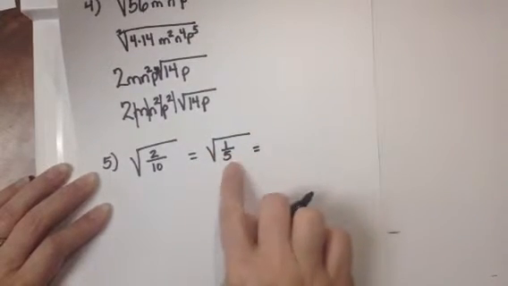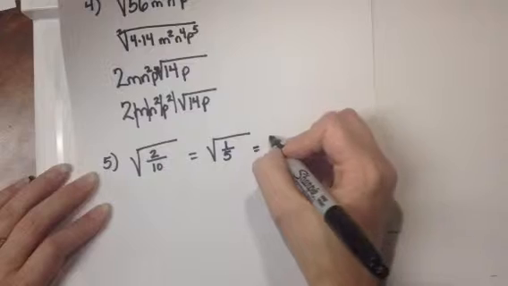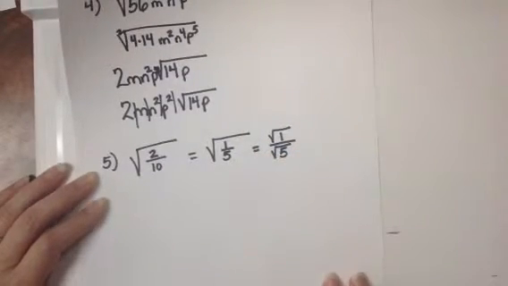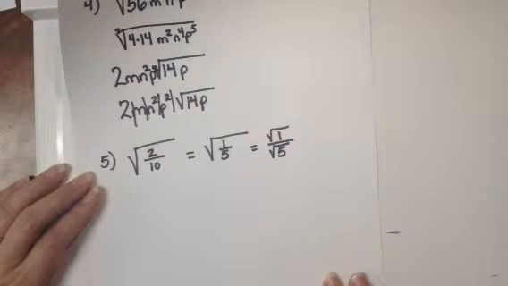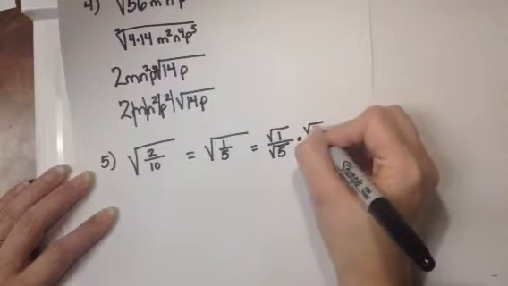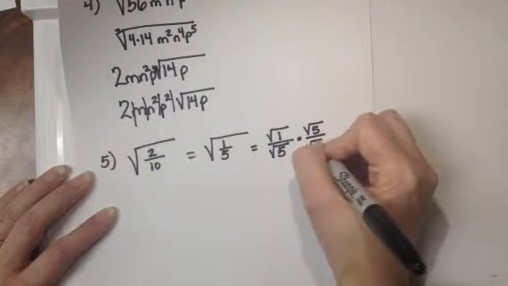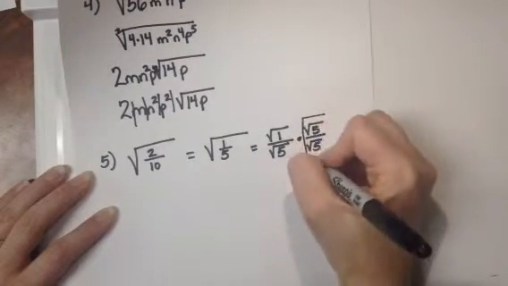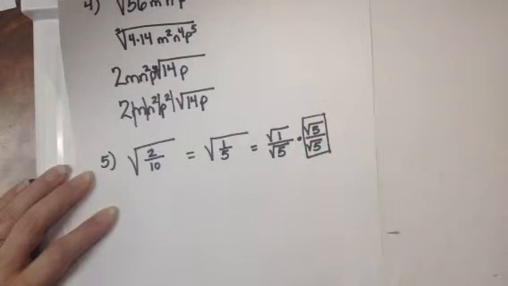Now, a radical can be distributed to the numerator and denominator. That gives me square root of 1 over square root of 5. Remember, we have these grammar rules of math. It's not good to leave a radical in the denominator. So I'm going to multiply the numerator and denominator by the square root of 5, whatever the denominator is. I'm not changing anything because this is the same thing as multiplying by 1.